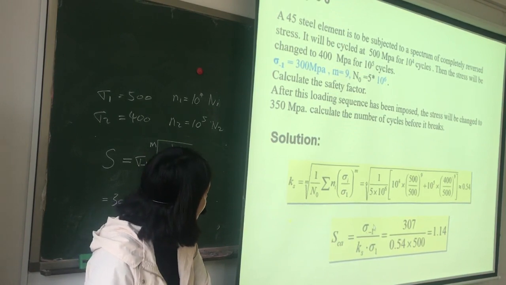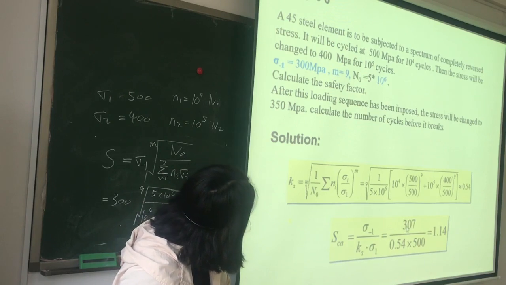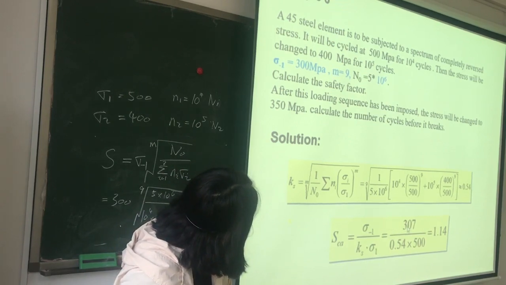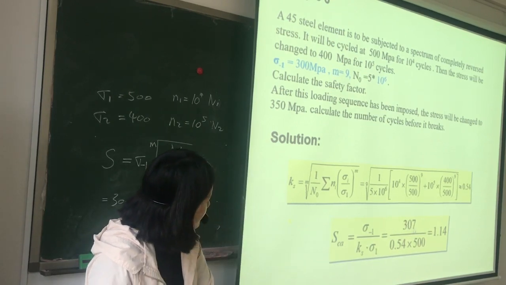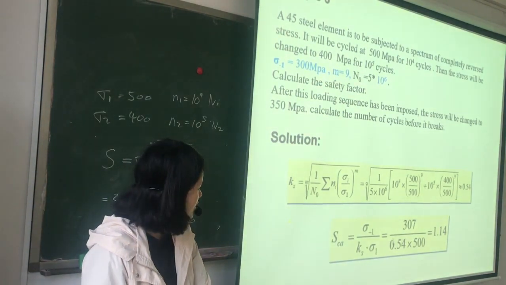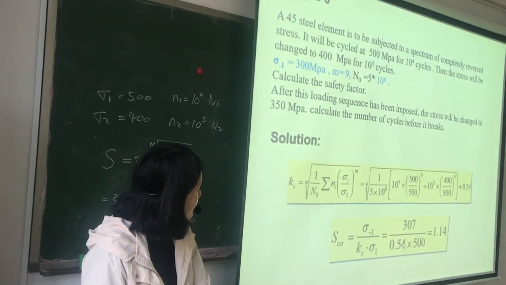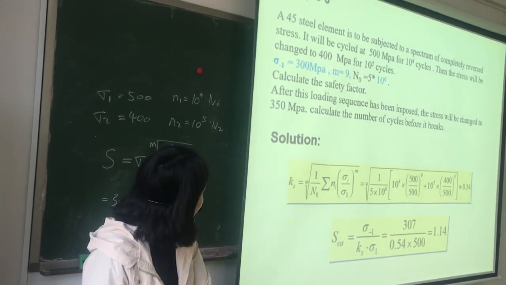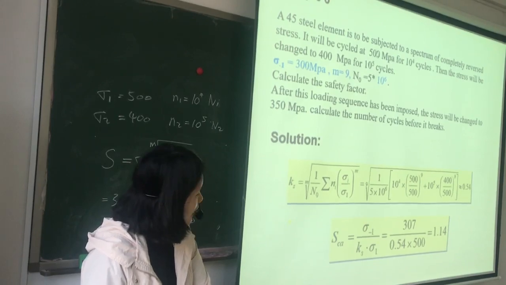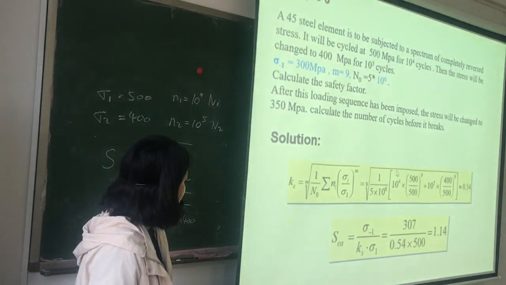Sigma minus 1 is 300, divided by 0.564 times sigma 1, and sigma 1 is 500.